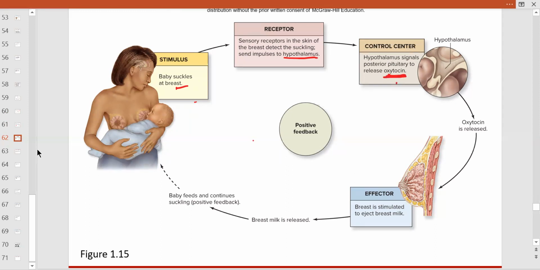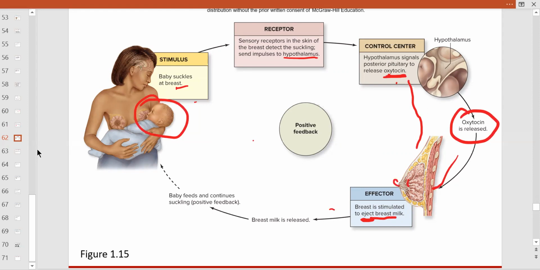But oxytocin is released to the breast tissue, to the alveolar glands or areolar glands, and it ejects milk. So oxytocin is all about milk ejection, so that it'll keep coming as long as the baby is suckling. You'll continue to get oxytocin release, which is also involved in the release of breast milk.